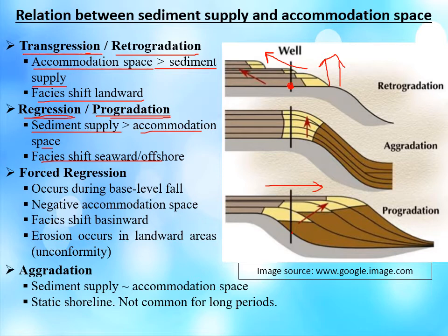The third thing is forced regression, where regression occurs not due to a higher amount of sediment supply but due to the base level fall, that means due to the sea level fall.